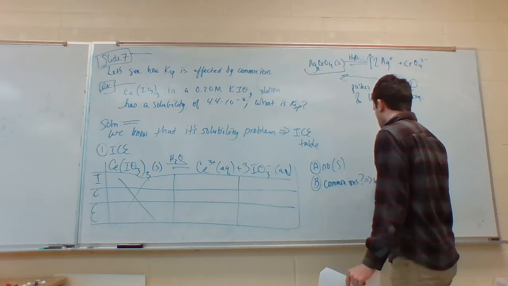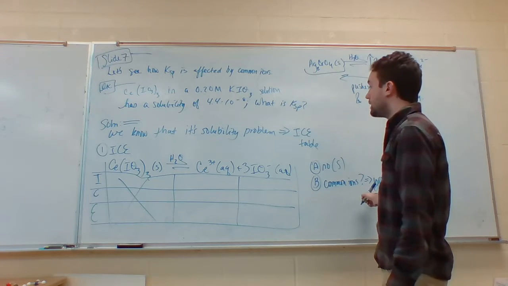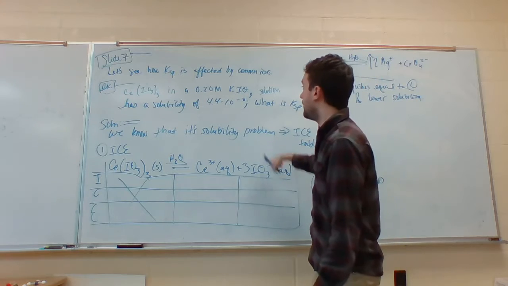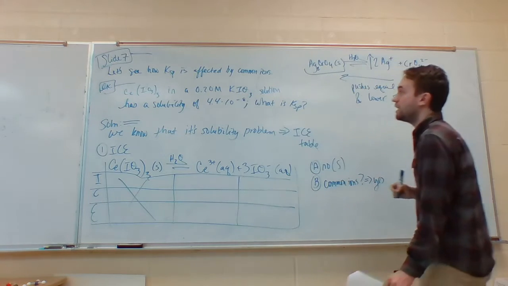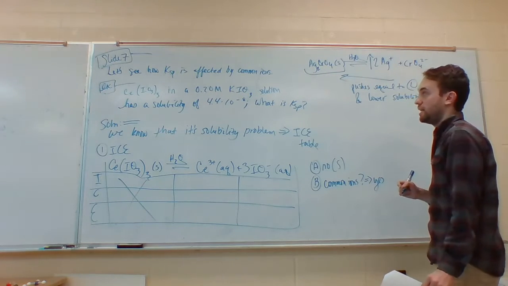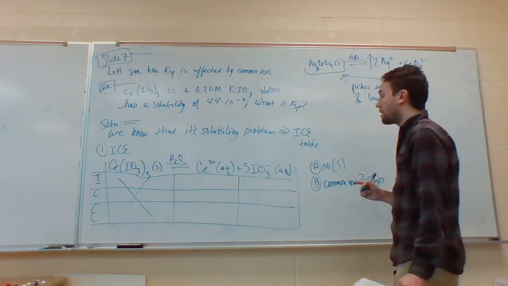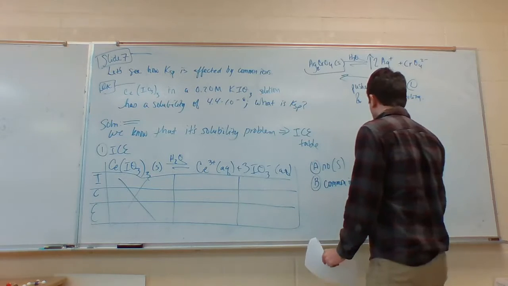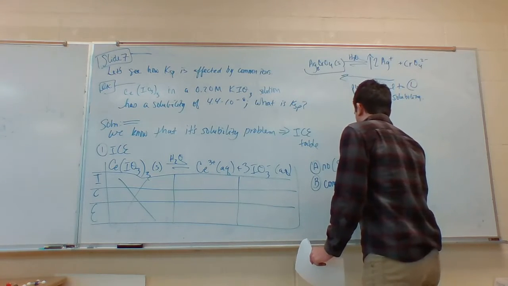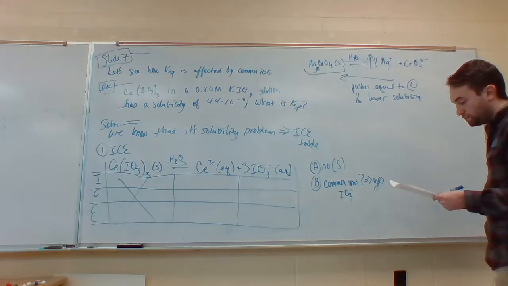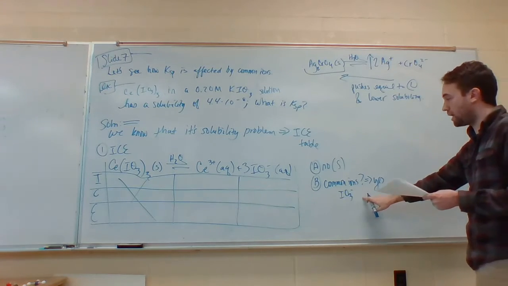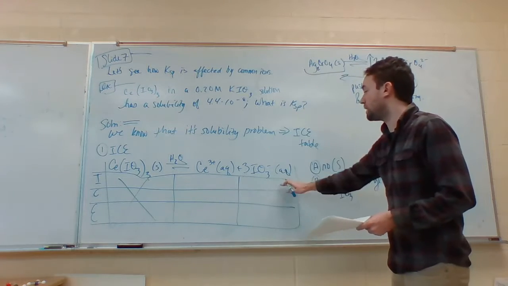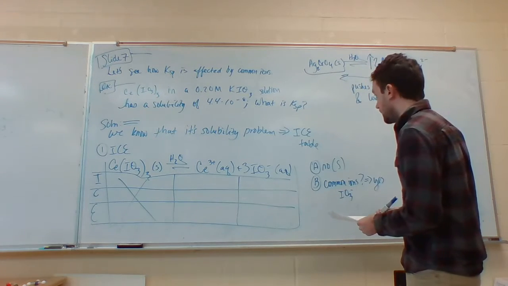All right, the answer is yes, because our common ion, we have 3 iodate, but we're also going to be adding potassium iodate into that solution. So our common ion that's shared between those two species is our iodate, IO3 minus. Okay? So if we have a common ion, then that means we need to figure out what its initial concentration is in our solution.